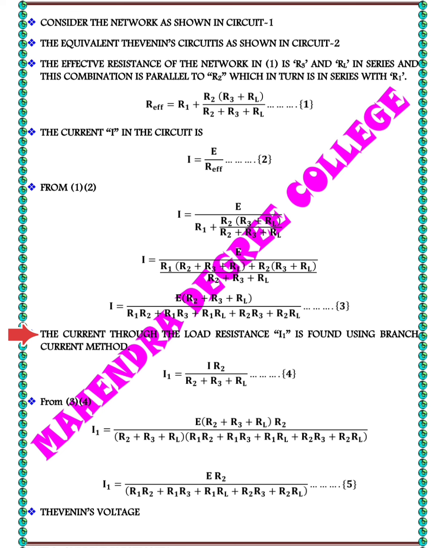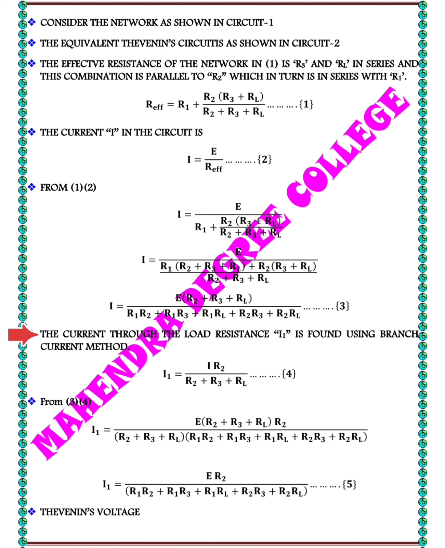The branch current method is a circuit analysis technique that determines the current in each branch of a circuit by assigning currents to each branch, applying current and voltage laws, and solving the resulting equations.